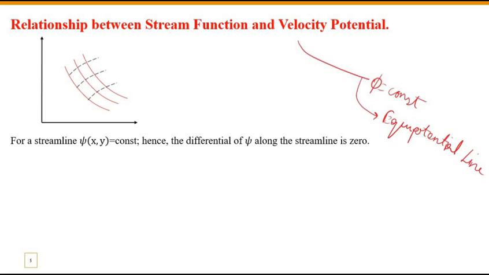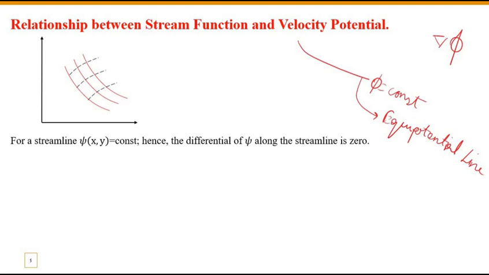Now in space, if I draw a line such that the gradient of phi is tangent at every point, the gradient of phi is tangent at every point.